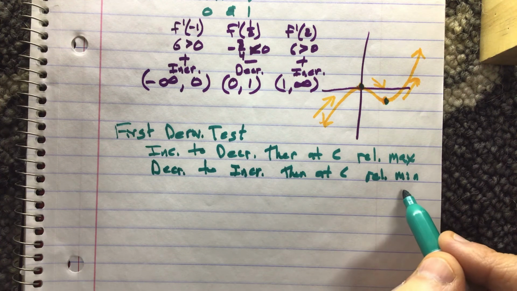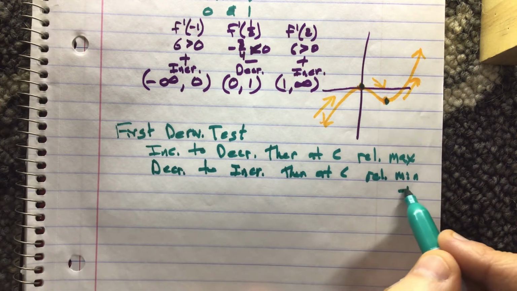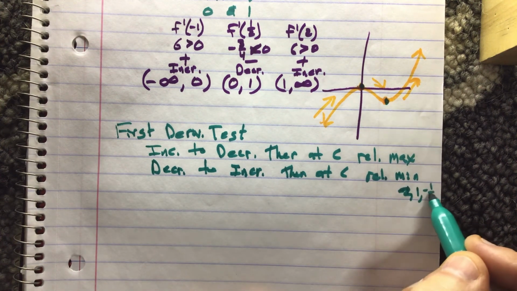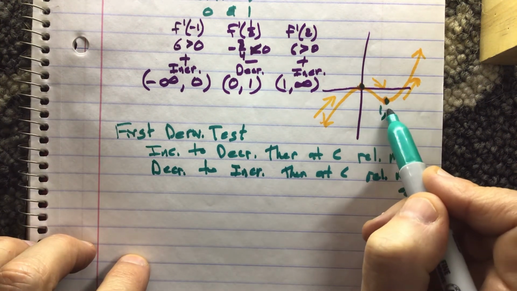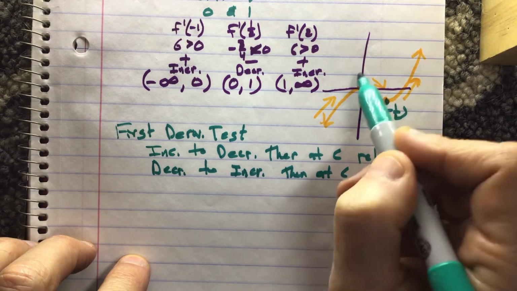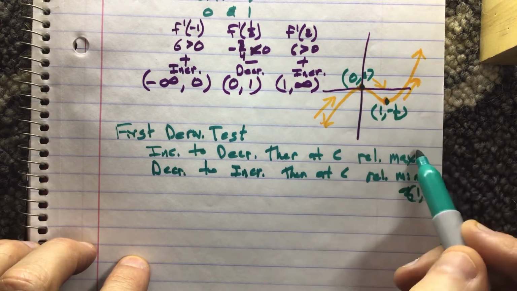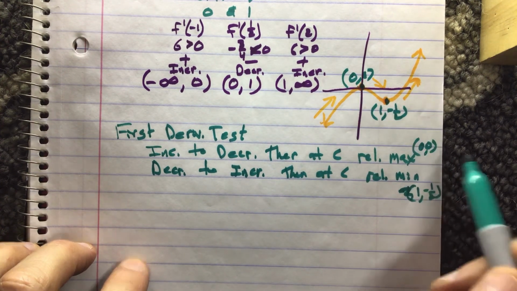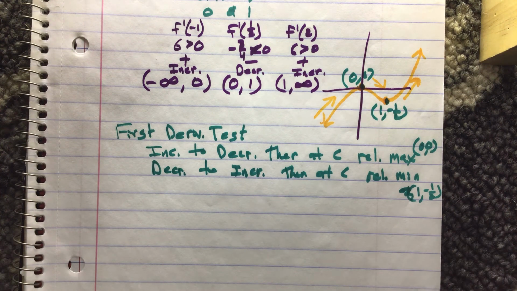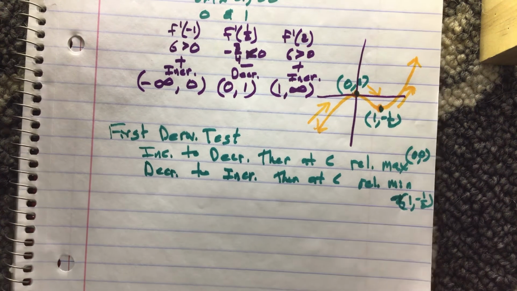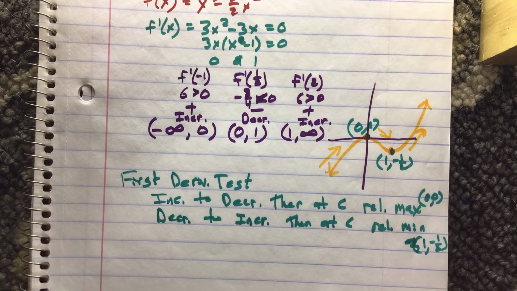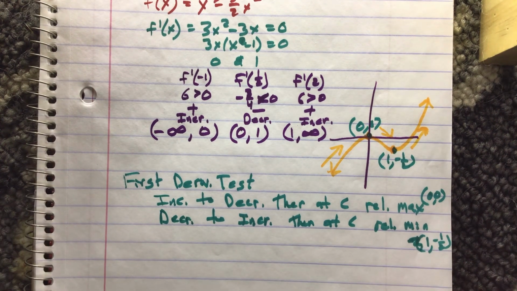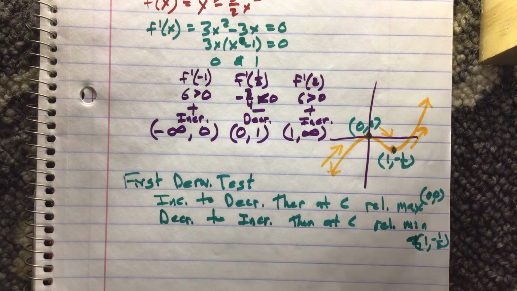So I'm sorry, that was 1, -1/2 that was a minimum here, and then this was 0, 0 that was your max. And that's it. That's what the first derivative test says. So first you want to test intervals, see where it's increasing and decreasing, and then once you've done that, you'll be able to determine where your min and max are located just by looking at where it is increasing and where it is decreasing. That's it.